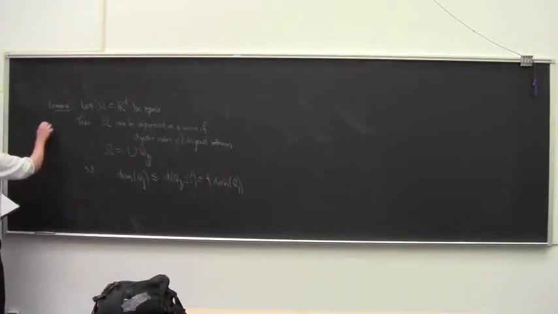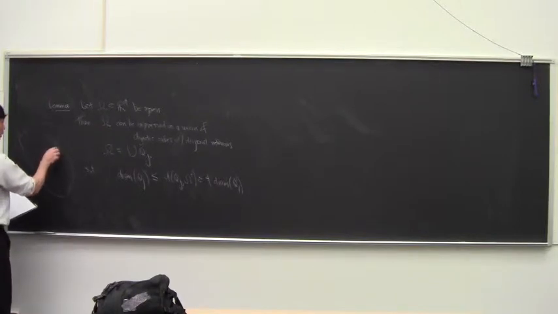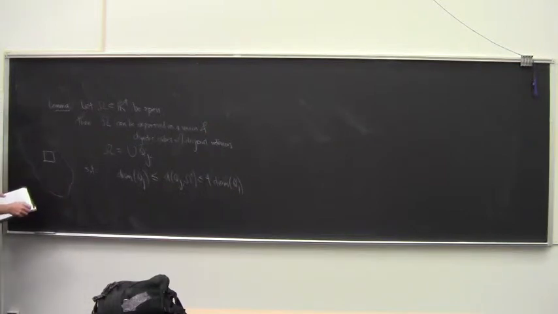So you can decompose this set into cubes, but further, if you look at the distance of the cube to the boundary, then the diameter is going to be smaller than the distance to the boundary, and bigger than a quarter of the distance to the boundary.